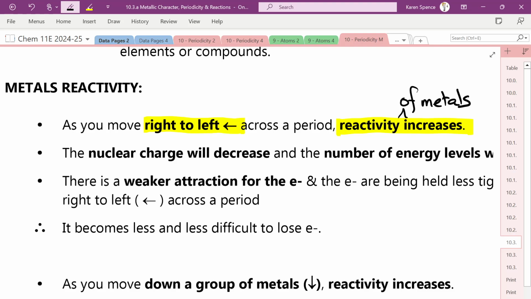Because they have fewer protons and so the coulombic attraction is smaller.